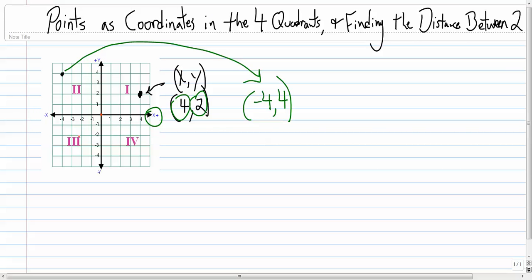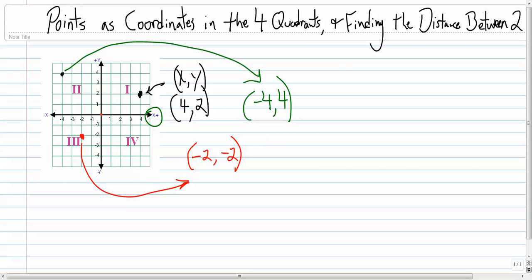And down here in the third quadrant, let's put a point right here. This point would be (-2, -1), so its x coordinate is -2, and its y coordinate is -1. So in the third quadrant, both x and y are negative.